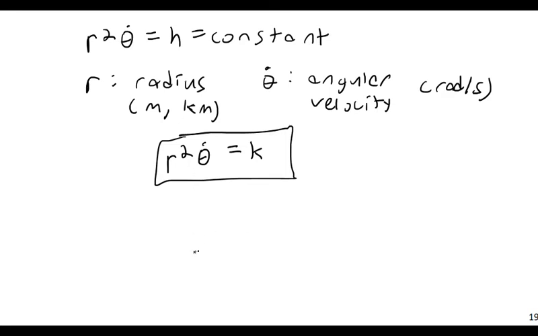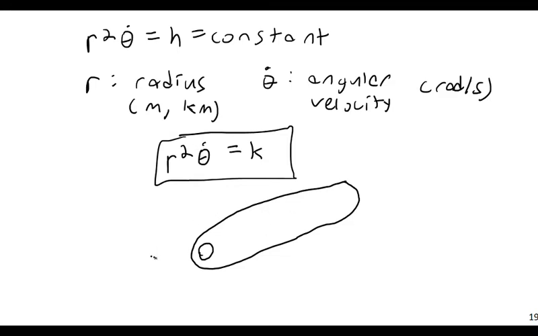Say we have an object in a highly elliptical orbit around the Earth. This thing is not going to go around the Earth at uniform speed, or maybe this is a comet around the sun or something like that. Way out here, the radius is gigantic, right? A huge, huge radius. And so if the radius is huge, the theta dot has to be very, very small.